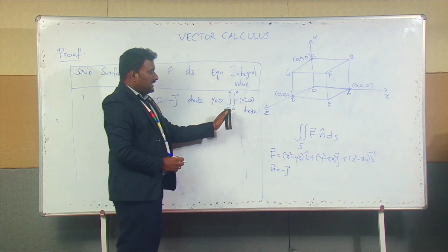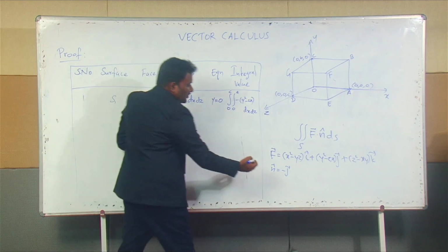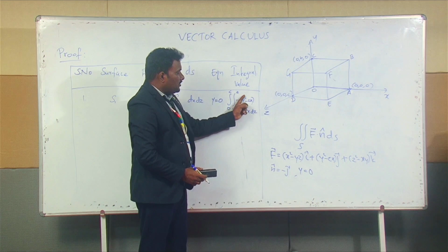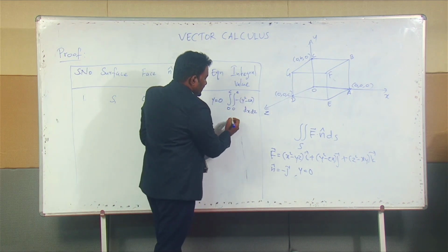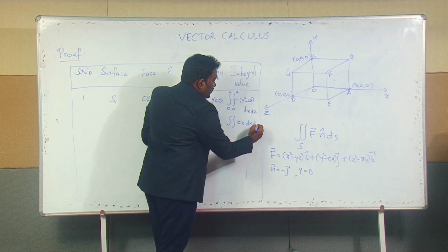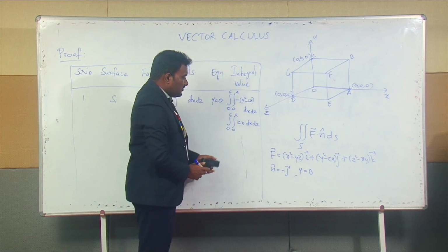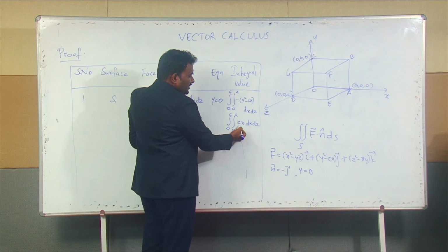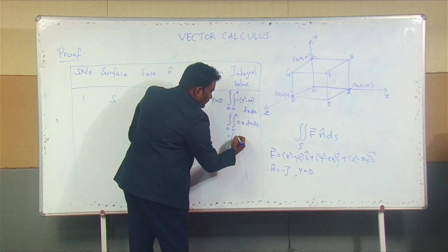So, now we have to integrate this. Also, we have to put in the equation y equal to 0. When you replace y with 0, this y square will become 0, and we have simply z and x. This is the simplified integral, and when you integrate it further, we integrate x with respect to x, that is x square by 2, and z with respect to z, that is z square by 2.